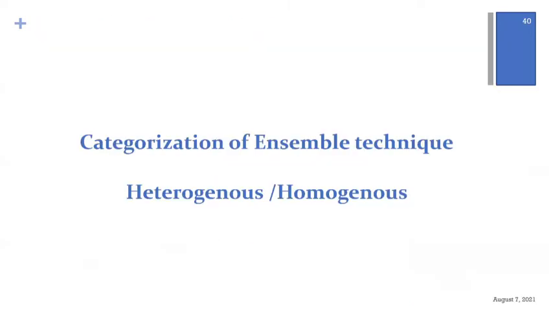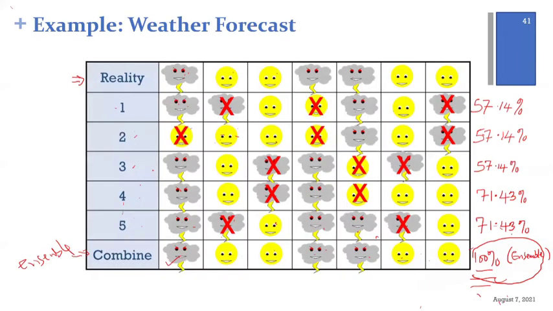So today we are going to look into the categorization of ensemble techniques into heterogeneous or homogeneous. When we say heterogeneous or homogeneous, what we are saying is this: what is the constituent of this model? This model has been produced using a neural network.